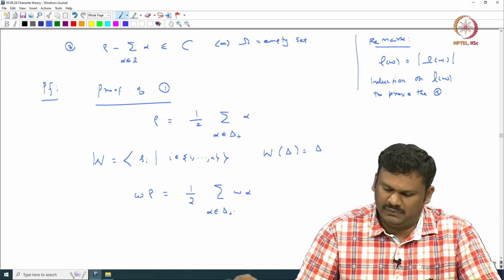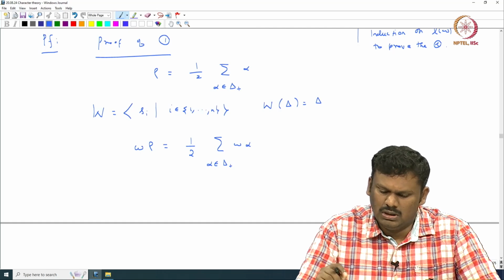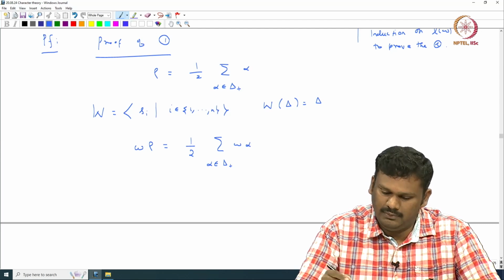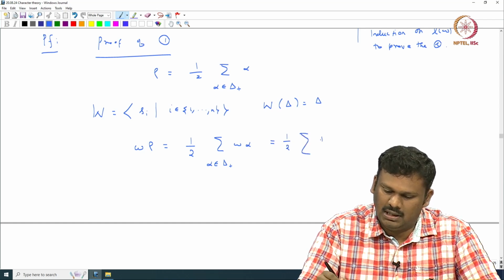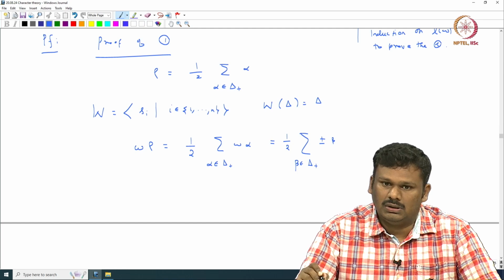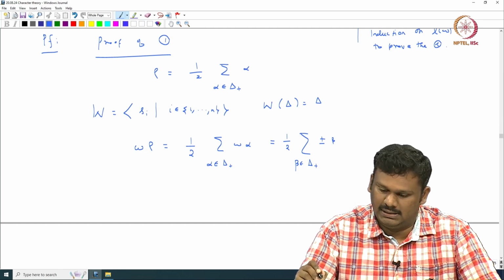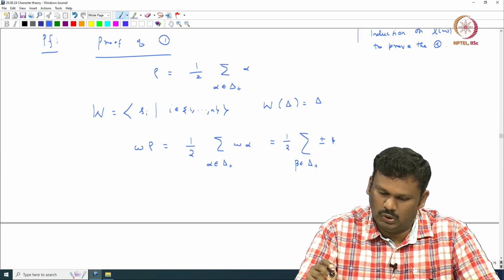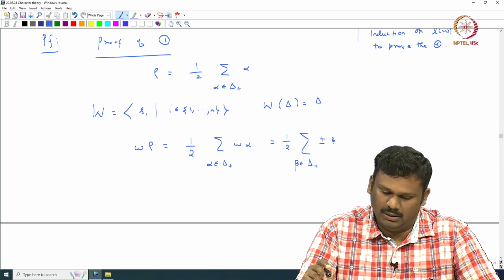Now if you think about it, this W alpha is either going to be positive or negative. Depending upon that we can separate them, and you can see that this can be written as the summation of plus or minus beta, where beta comes from delta plus. Now what are all the minus terms that we have here? Those are all the positive roots that are sent to negative roots by W inverse.